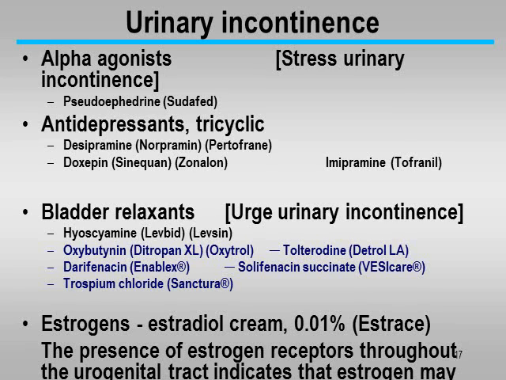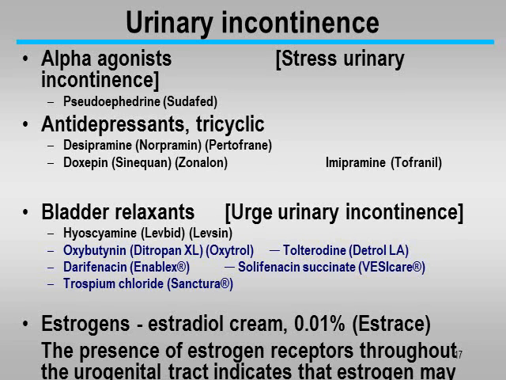So that brings us to another issue within Chapter 8, or another perhaps disease state, I should say, more appropriately, that can be treated by using inhibitors of the muscarinic receptors. And although there are many drugs that can be used to treat urinary incontinence, if you look at this slide, in the middle of the slide, you see something called bladder relaxants. And you'll learn about these other drugs, the alpha agonists, or the tricyclic antidepressants, or the estrogens.